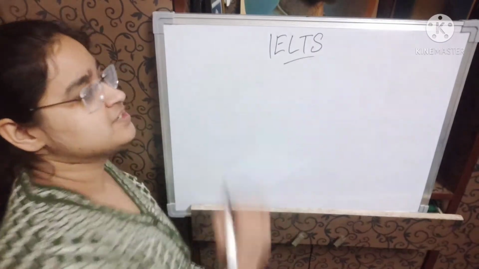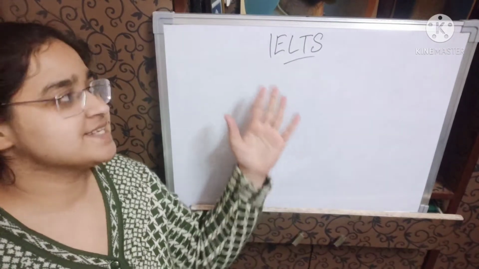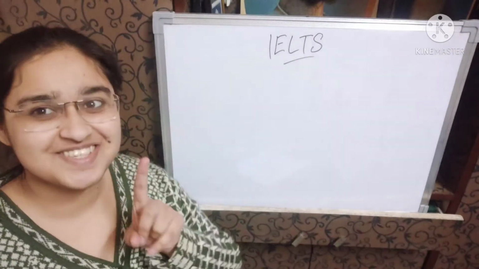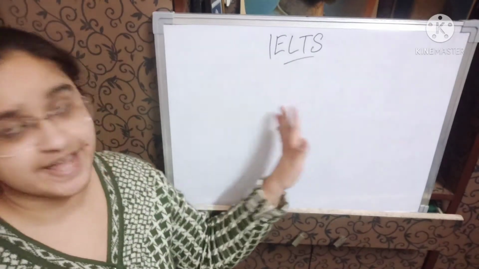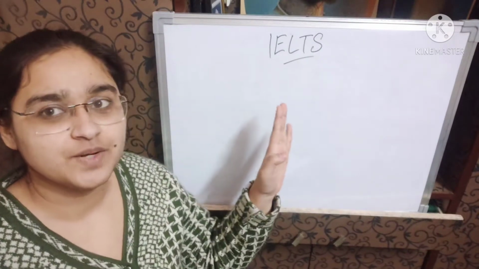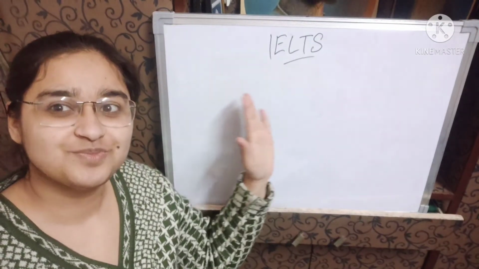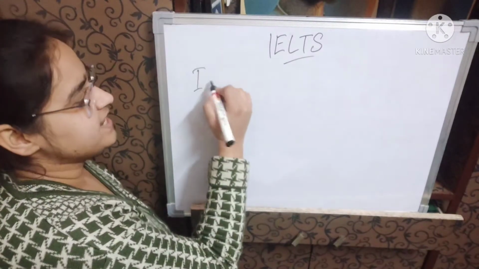The first thing is that IELTS is pronounced as IELTS, not as "I-let". That is a wrong pronunciation. Don't pronounce it like I-let. Pronounce it in a simpler, smooth tone: IELTS. So what does it stand for?